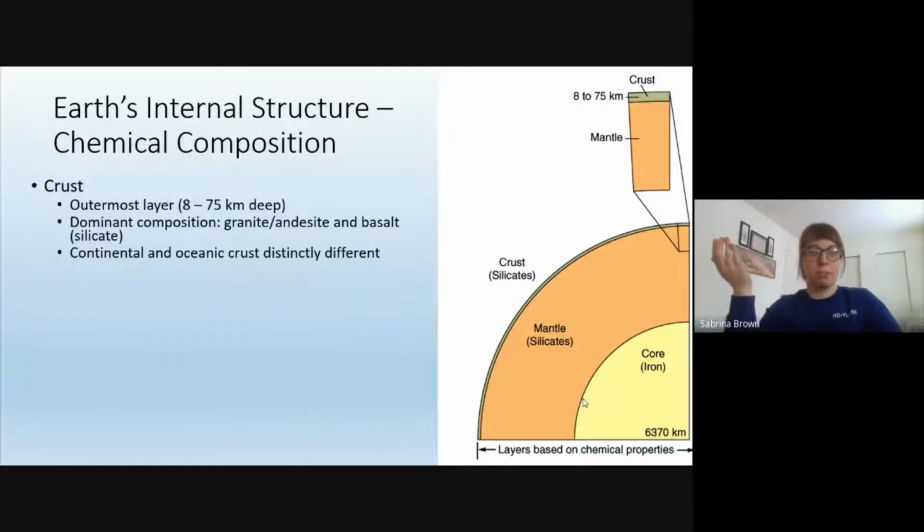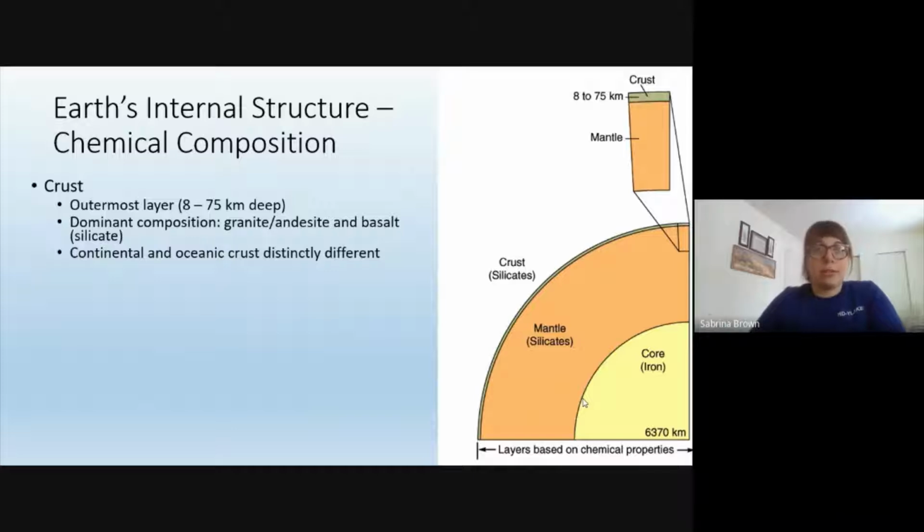And the crust is made up largely of a higher percentage of silicate minerals, right? So remember that silicate minerals are largely the types of minerals, rocks that are made up of silicates are largely what we see at our surface, right? It's just like the biggest sort of class of rock forming minerals.